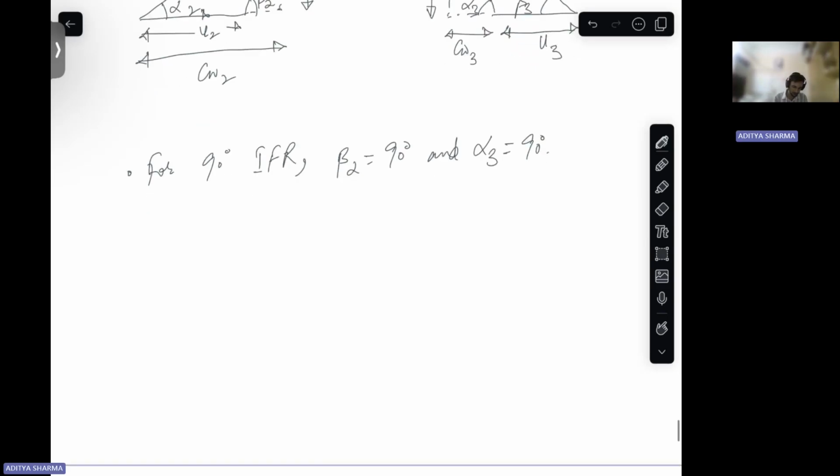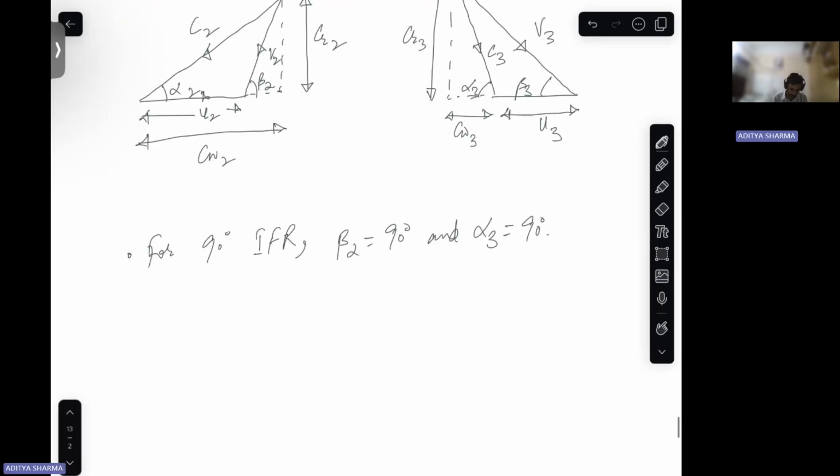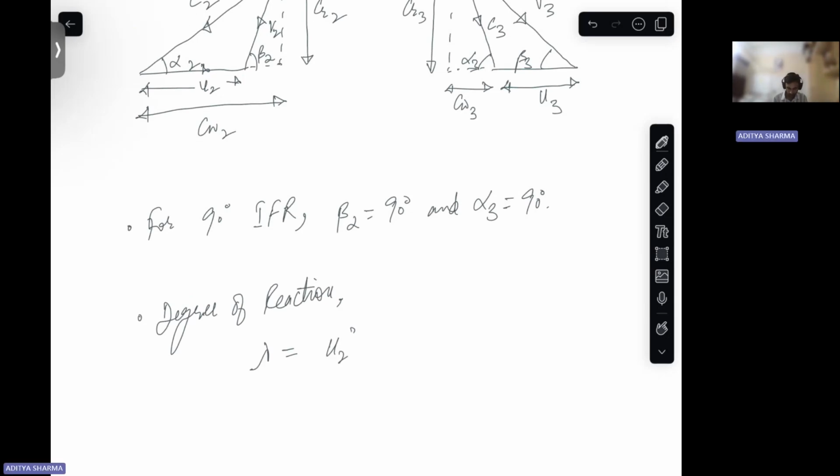Then degree of reaction. Degree of reaction, lambda, is equal to V3 square plus V3 square minus V2 square divided by 2CW.